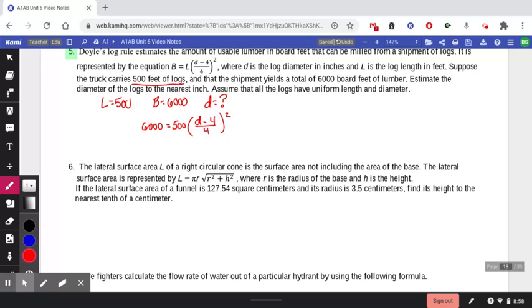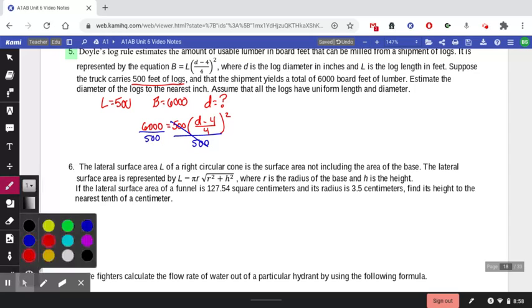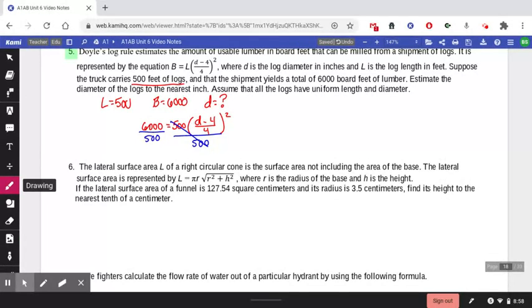D is what we're trying to solve for. So I would start this off by dividing by 500. We want to get the piece that's squared alone. So if we divide by 500, we get rid of the 500 on the right side. And on the left side, what we're going to get is 12 is equal to D minus 4 divided by 4 quantity squared.